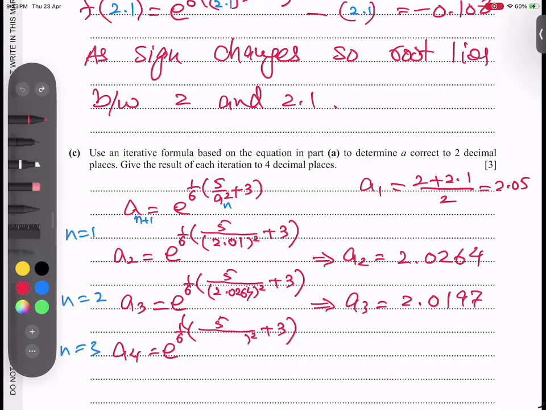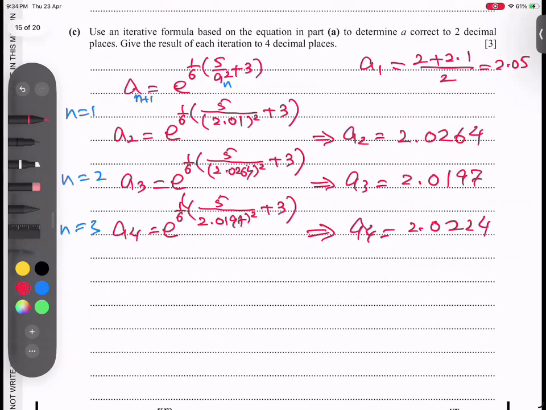So I'm getting, students, 2.0197. That gives a4. If I replace 2.0197, we get 2.0224. Now, students, see, it is going to start matching. One more term is enough, because there is a slight fluctuation here, but I think now it will cover up.